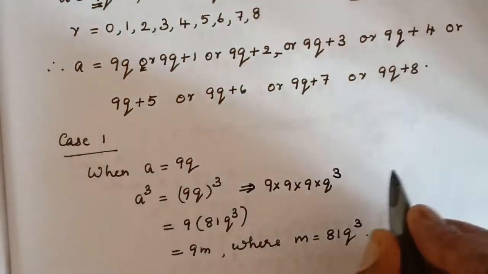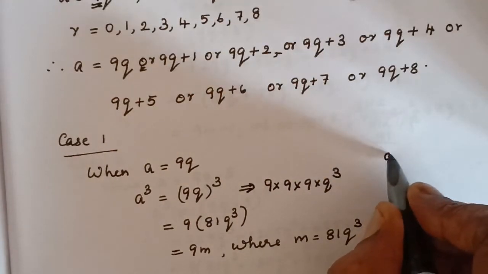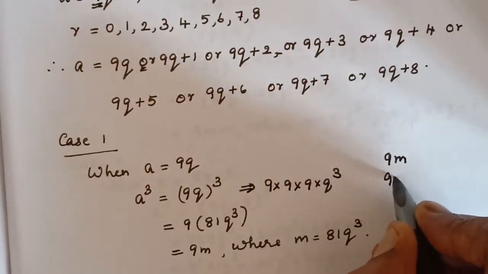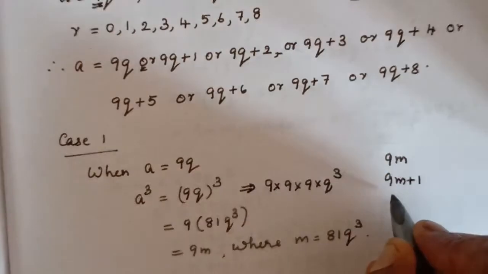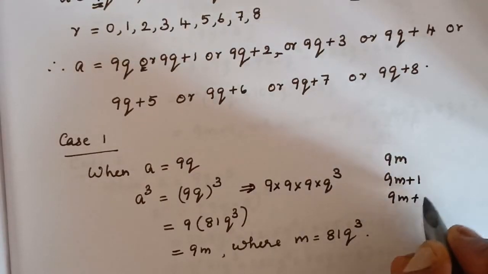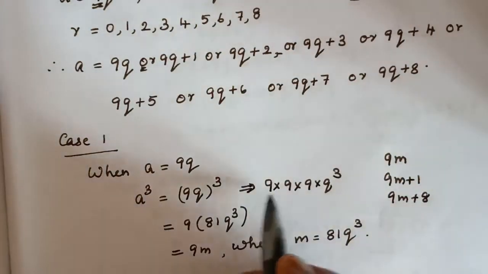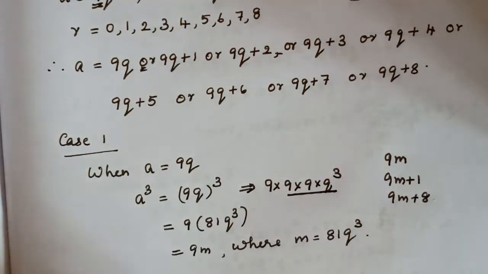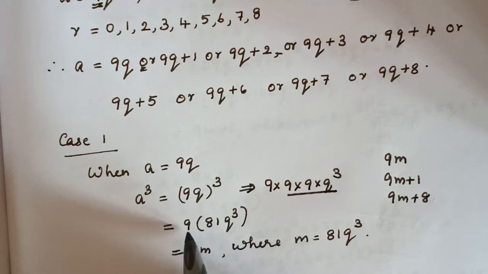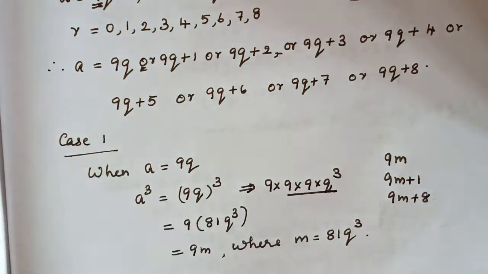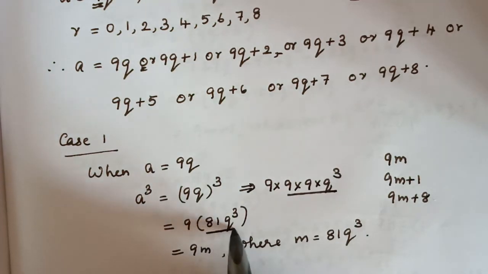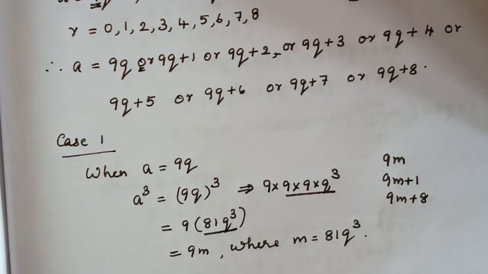Since we have to show it is of the form 9m or 9m plus 1 or 9m plus 8, we will take this together as m. That's why it is written as 9 into 81q cube, which is equal to 9m. So what will be m? m will be 81q cube.